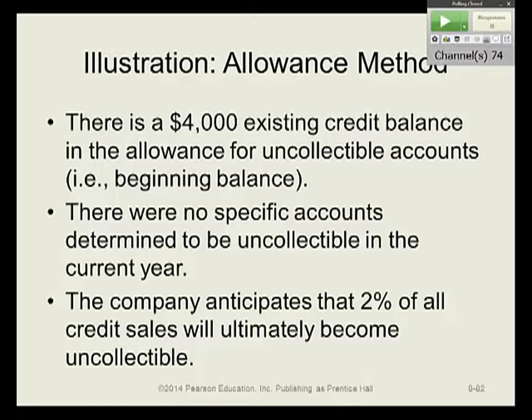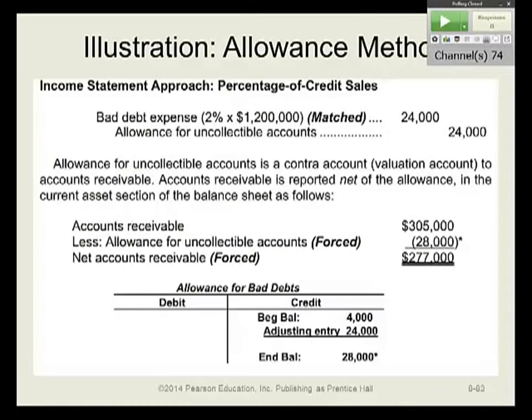So the percentage of credit sales specifies the target expense and does not really worry about the balance in the allowance for bad debts. In this case, and I'll put this up on the screen for you because the slides are not very large, it tells you that if you're using the 2% of credit sales, you'd have a $24,000 bad debt expense that's matched with revenue, and then the allowance for bad debts is $24,000.